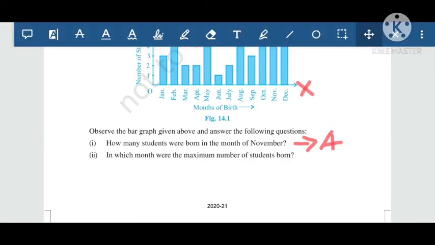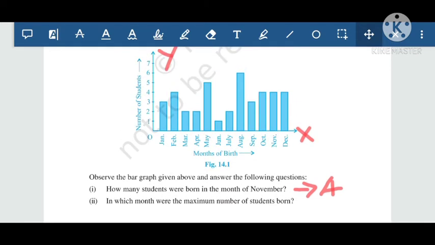Second, in which month was the maximum number of students born? You can see the lowest one is June, and the highest height of the bar graph is in August. How many students? 6 students are born in August.